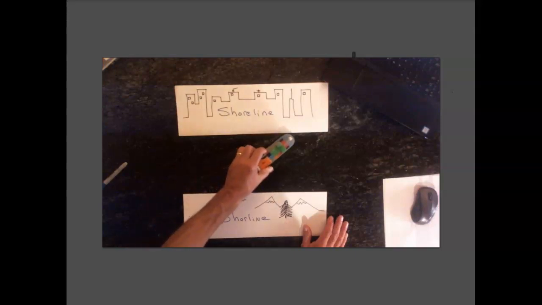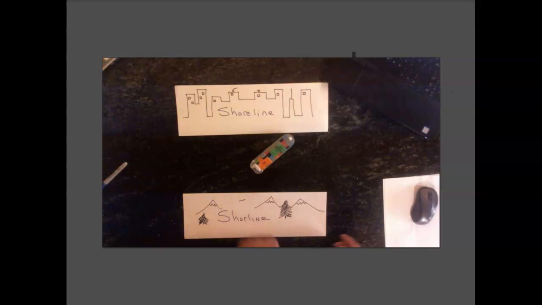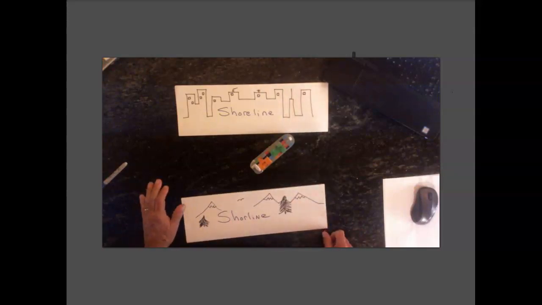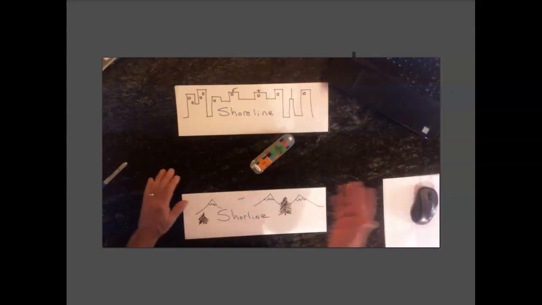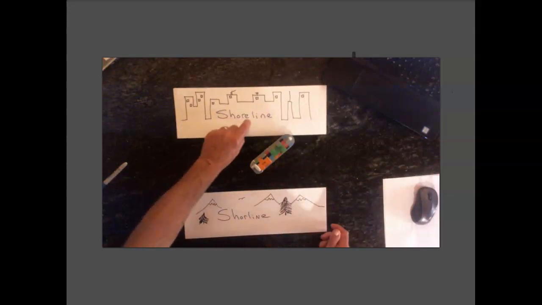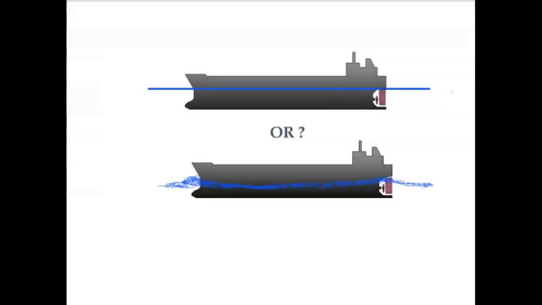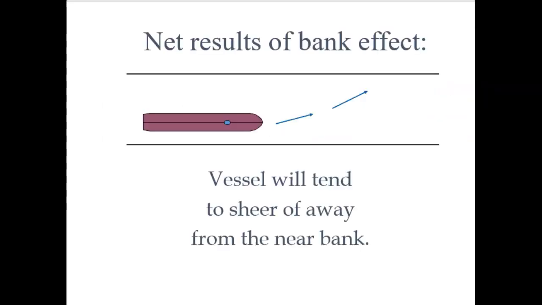You don't have enough time to stop. You're in trouble. You shear across the channel. Think about a 600, 700, 800, 900 foot container ship or a tanker going across and going into the shoreline over here. So obviously it is a problem. The net result of bank effect, the vessel will tend to shear away from the near bank.